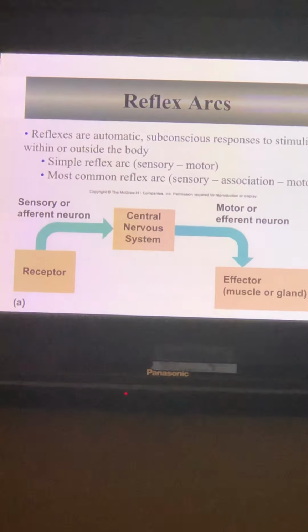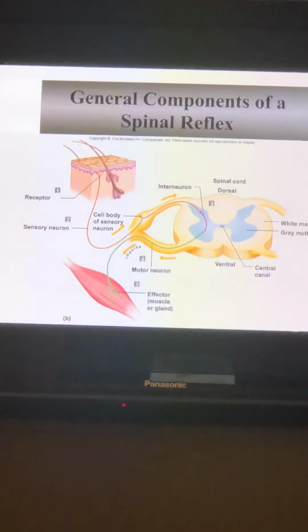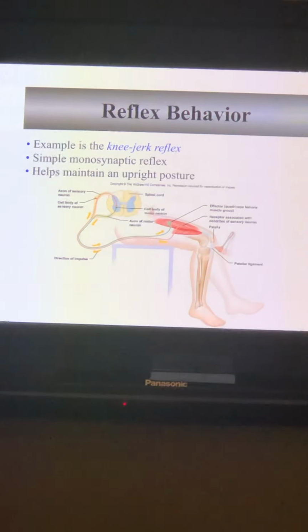Okay, what a reflex arc is, I would rather show you this on a film, but the film's not going to show up here. The videos aren't coming through on my PowerPoints for some reason.